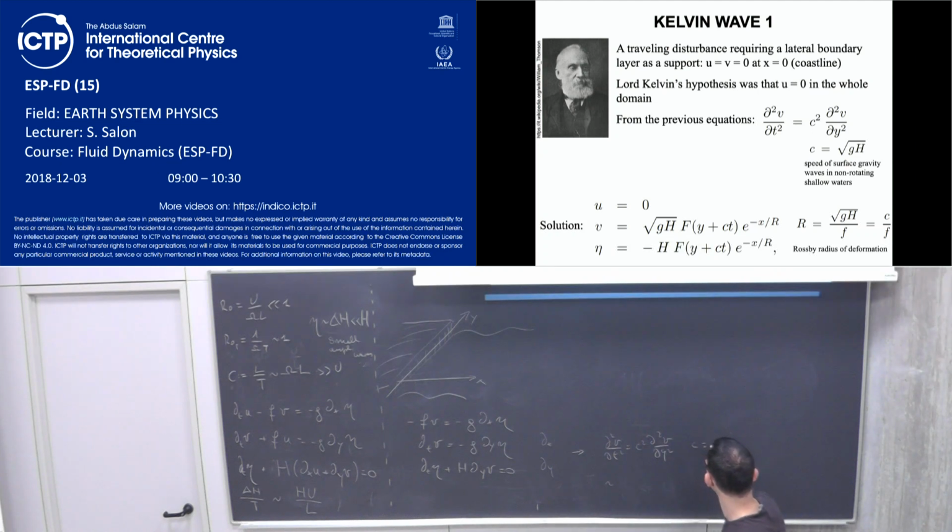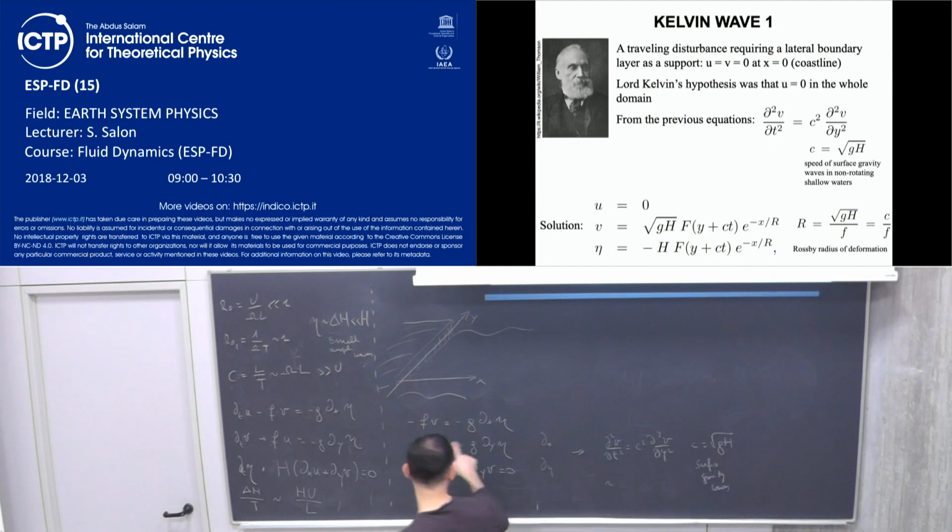Where c is equal to the square root of g multiplied by capital H. And this is the phase velocity of surface gravity waves.